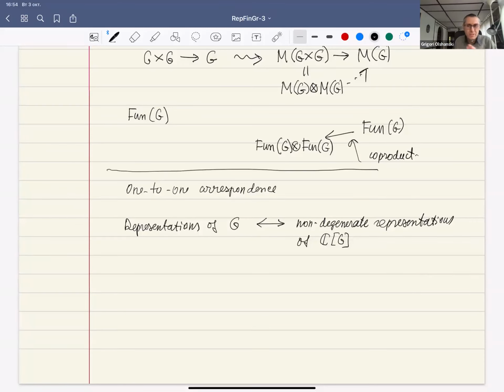To avoid this bad situation, we say that a representation of an algebra, in our case a unital algebra with a unit, is non-degenerate if the unity is mapped to the unity as an operator. There is a one-to-one correspondence. It's an easy exercise.